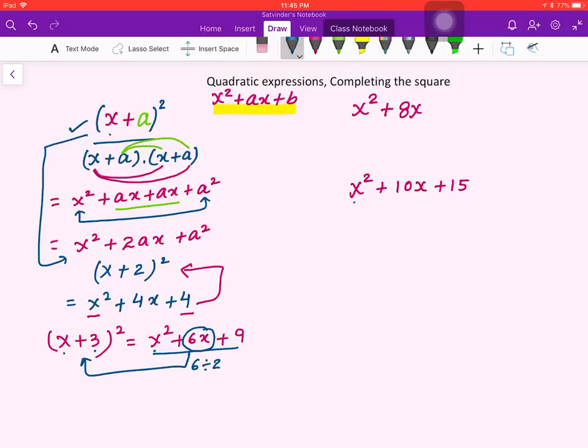Okay, so let's go with this example. We have here x squared plus 8x. You can see clearly, if you have x squared, x is okay, and to write the number inside the square, I should divide the middle value by 2 as I did here. So 8 divided by 2 is 4. I'll write 4 here, so (x + 4) squared.